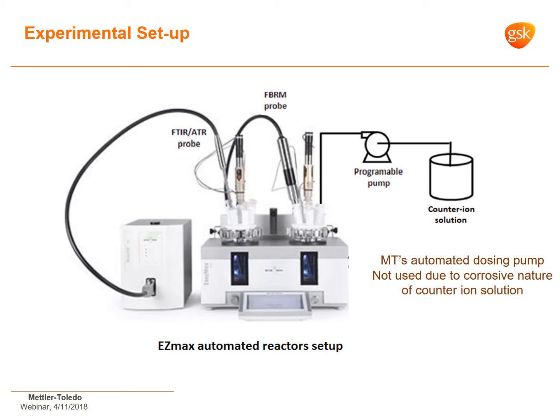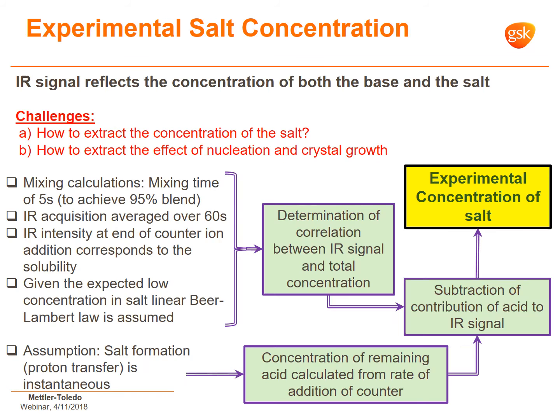We have it connected with an FTIR ATR probe, but also an FBRM probe, just to get chord length and IR data. We did not use the dosing unit that comes with it, just because the counterion can be corrosive, so we used other means to dose, like either a syringe pump or a peristaltic pump.